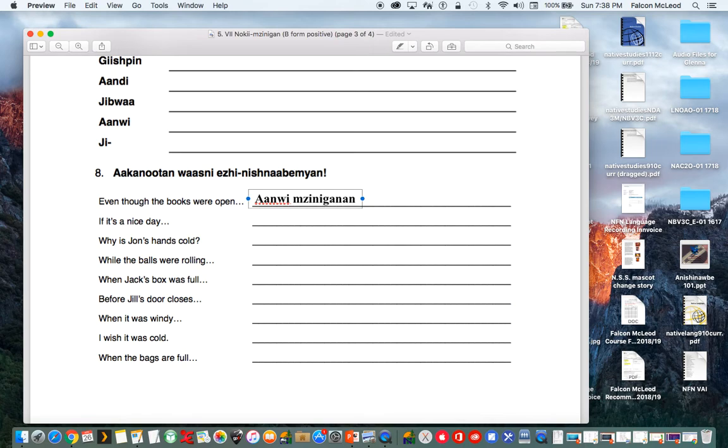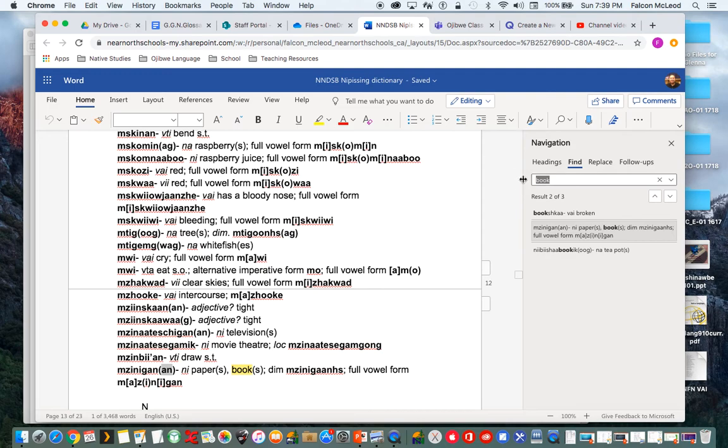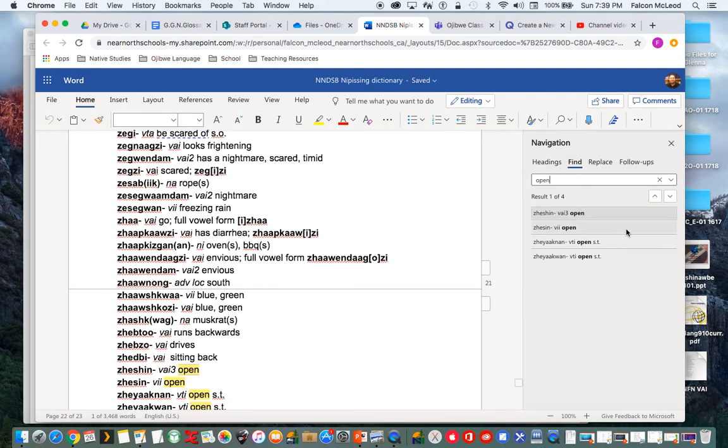So when that happens, we get rid of that short vowel after the g. So that's how we get onwe mzinignan. Now we're looking for the verb for open, the VII word. So open, VII. So it's jesin.